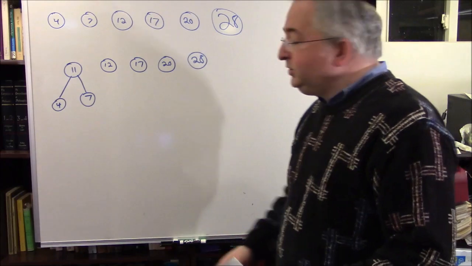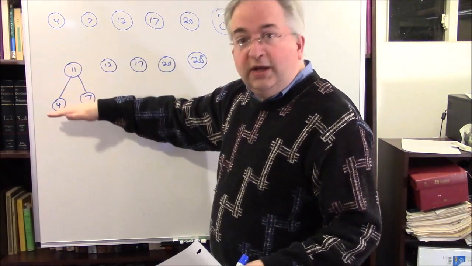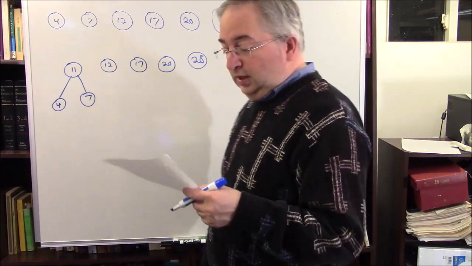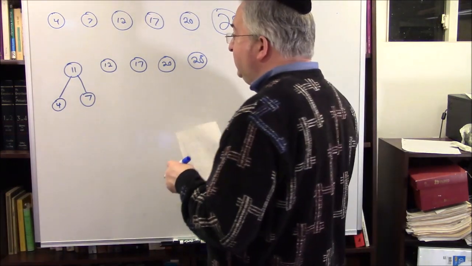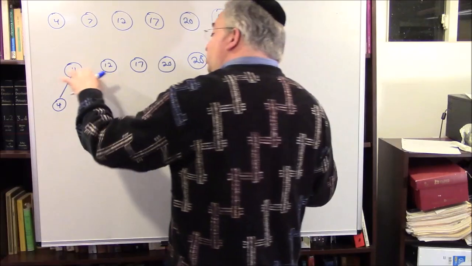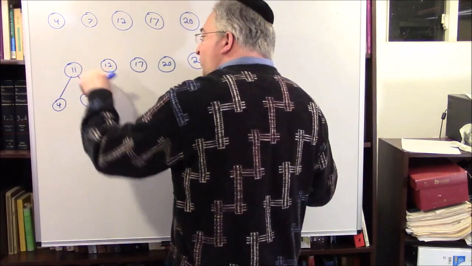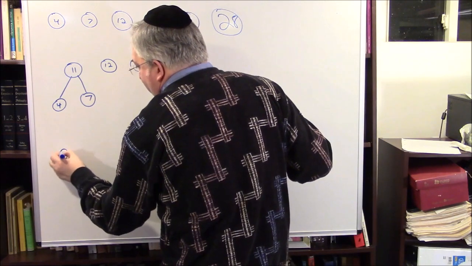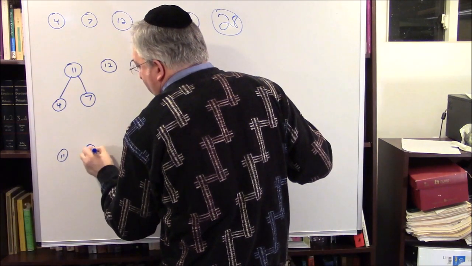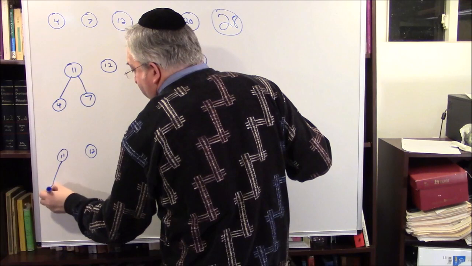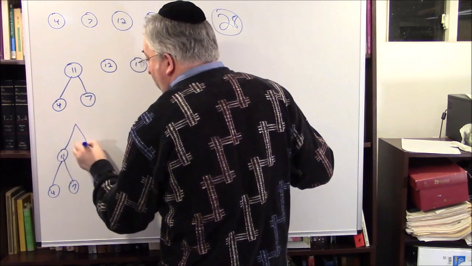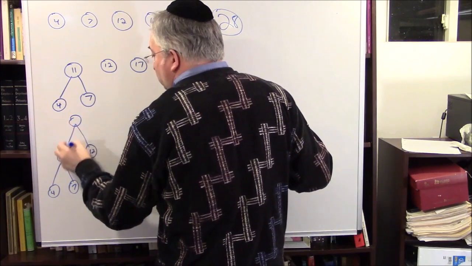Just notice these 2 guys are not a root of your tree. They're lower in your tree. Next, choose 11 and 12. 11 and 12 are the 2 smallest things, so we're going to choose them. 11 is equal to 4 and 7, and 11 and 12 is 23.